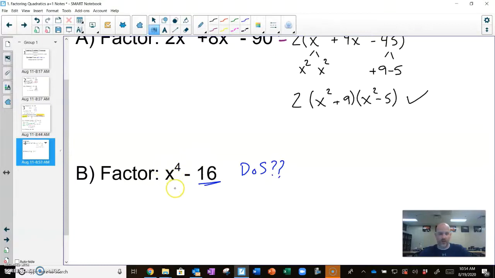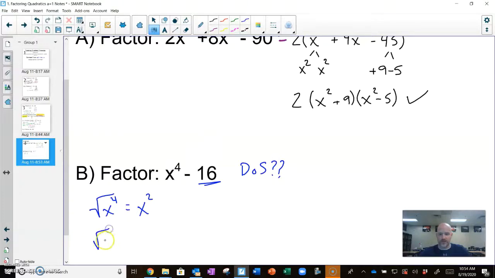X to the 4th, I think I can also take the square root of. Okay, so if I do the square root of x to the 4th, well, that should be x squared, because, like for my previous example, I know that x squared times x squared is x to the 4th, so that has to be the square root of x to the 4th.